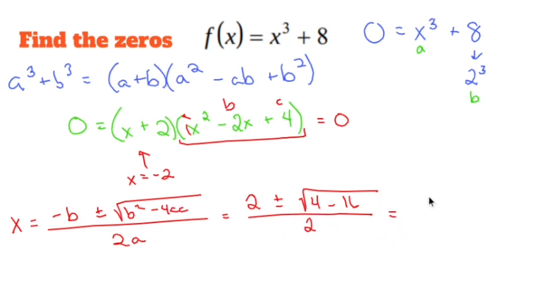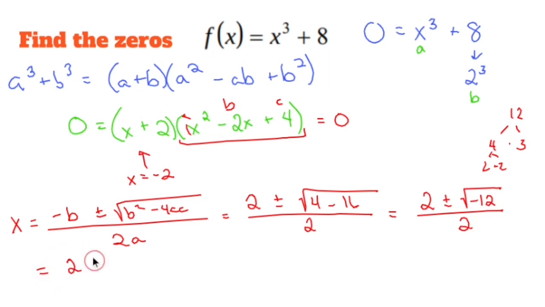This ends up being 2 plus or minus the square root of negative 12 over 2. Now, negative 12, or regular 12, is 4 times 3, which means 2 times 2 times 3. So if I wanted to, I can take that and turn that into the square root of negative 2 times 2 times 3, which means we can bring out a 2.